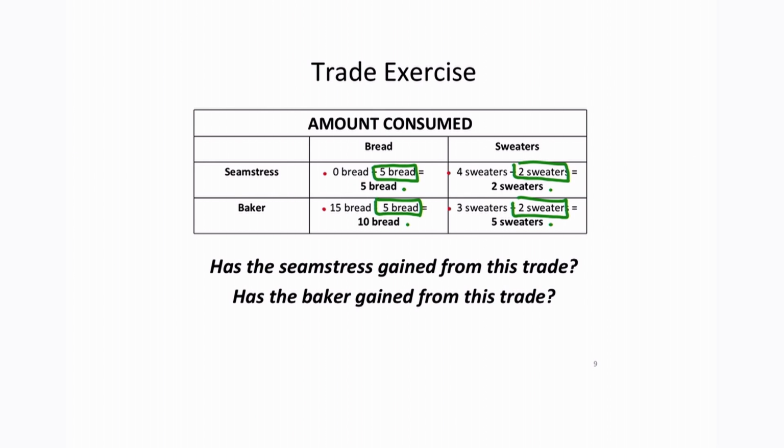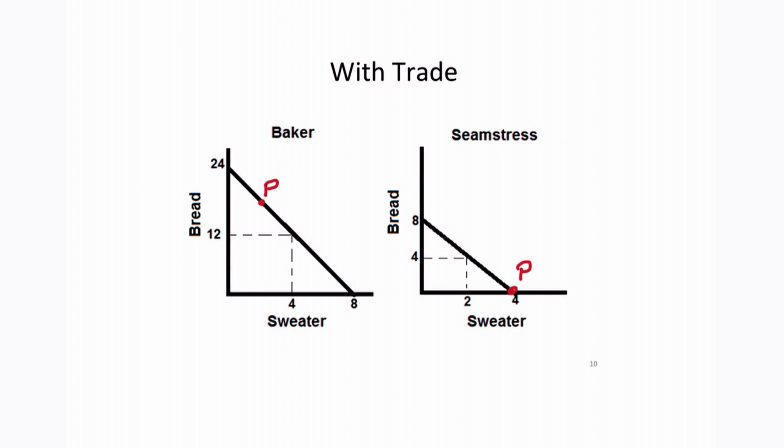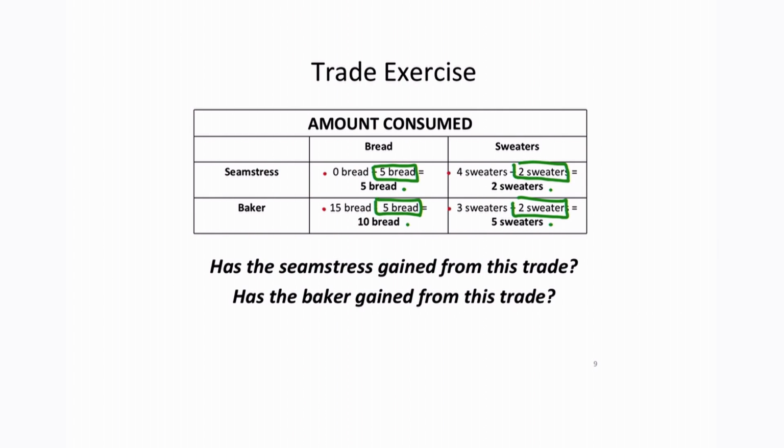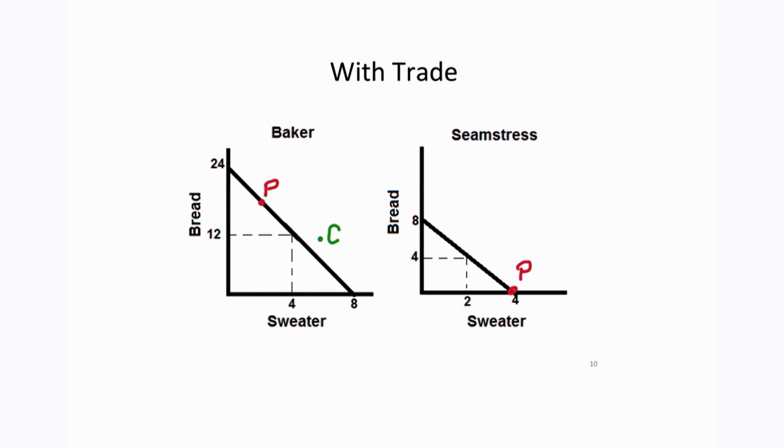Now, how much are they consuming? The baker consumes 10 bread and 5 sweaters. We'll call this point C. And the seamstress is consuming 5 bread and 2 sweaters.